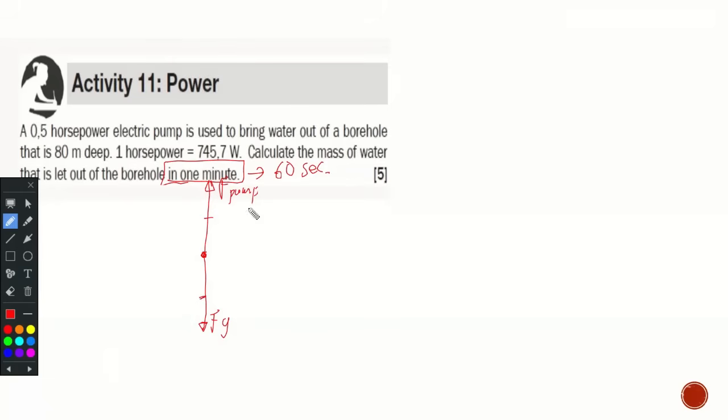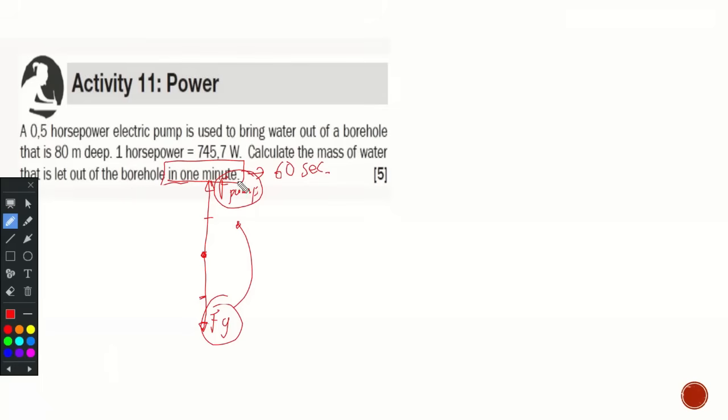We don't have the force applied by the pump, but we can calculate the gravitational force, which will be equal to the force of the pump.